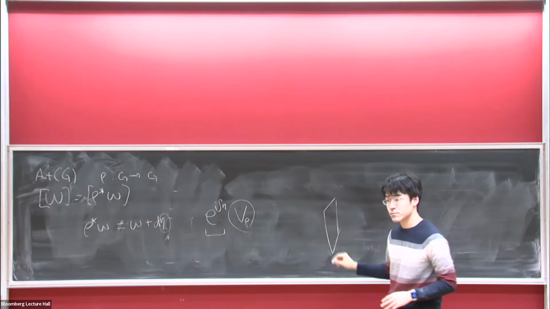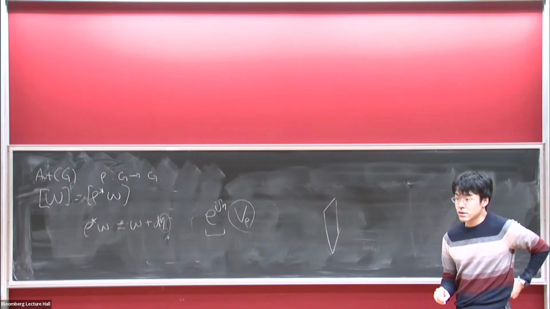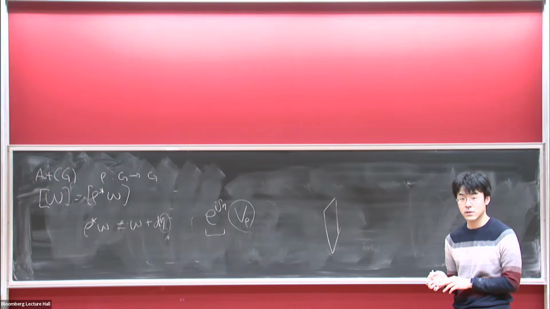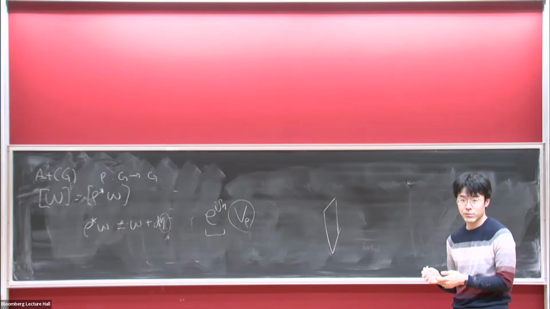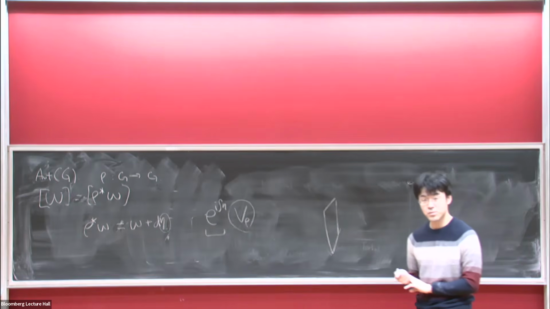Is this like time reversal at theta equals pi? Exactly. The action is not invariant, but theta equals minus pi and pi are equivalent. In this case, the time reversal defect has to be decorated with some Chern-Simons term.